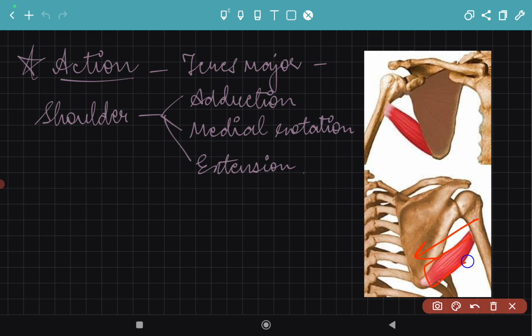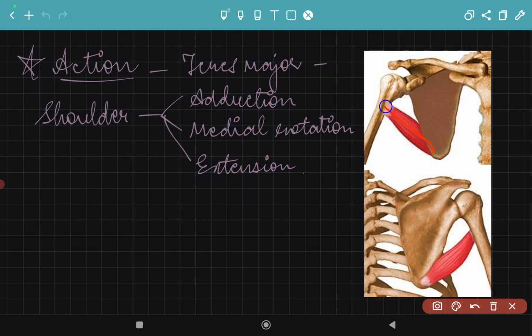This muscle will exert pull in this manner, which will cause shoulder adduction. Teres major will perform shoulder adduction, and as it goes from the posterior to the anterior aspect of the body, it will help in extension, pulling backwards.